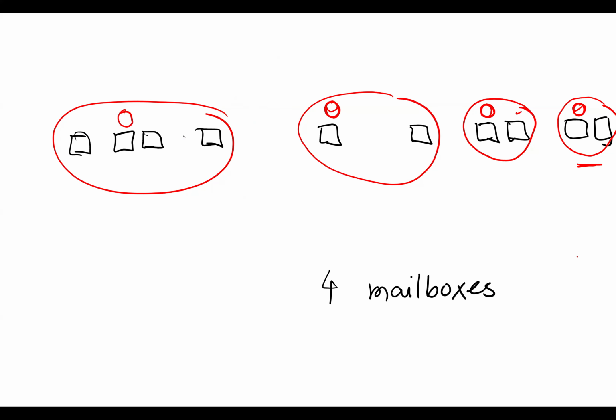So how do we solve this problem? Let's draw this more formally. Say we have these houses. Say we have n houses, and we have k mailboxes.